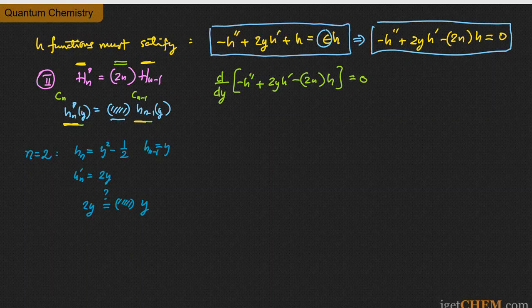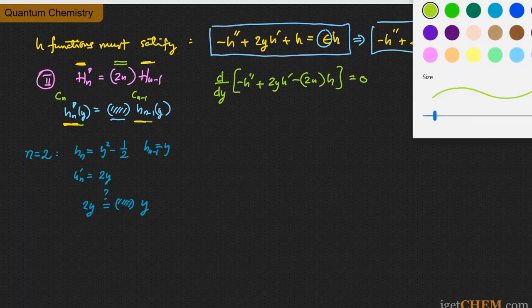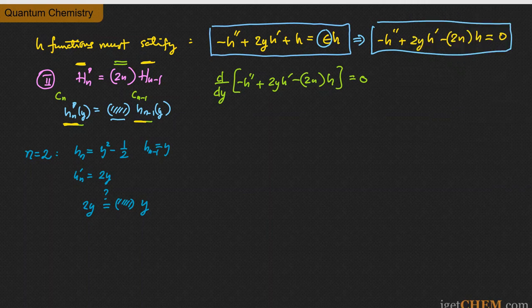So now I can do the derivative. Specifically, I want to apply this to h_n. So let me write down h_n, h_n, h_n. Now I want to take the derivative of h_n double prime, and that is, of course, h_n triple prime with a minus sign.